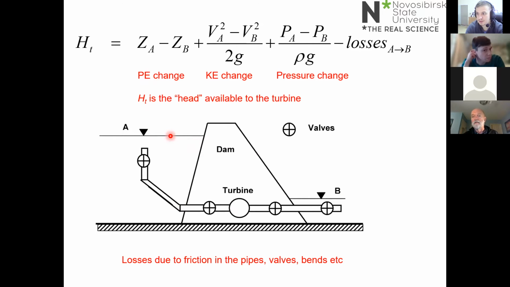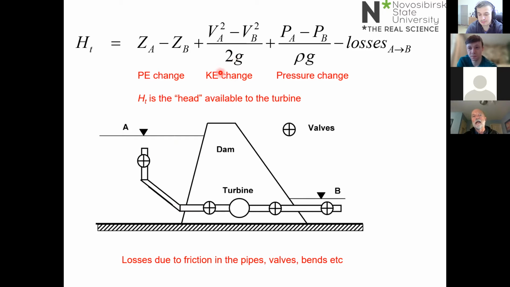I have a friend in Calgary who owns a company that installs hydroturbines, and the biggest head difference in a turbine system that they installed was 4 kilometres, 4,000 metres. Okay, it can be substantial.